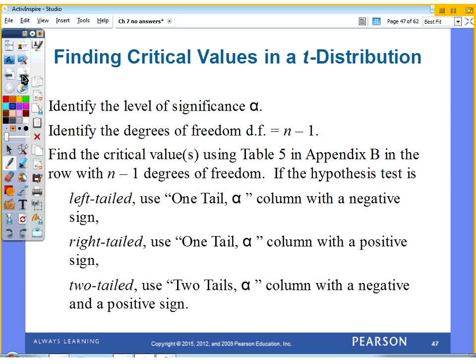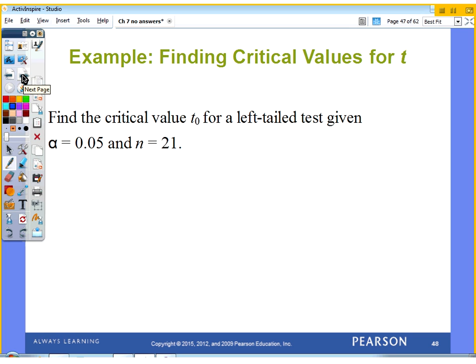And if you'll remember, you had 3 rows at the top of your t-table. We are now looking at the second and third row where it says one-tailed or two-tailed. So we're going to have to determine if it's left-tailed, right-tailed, or two-tailed, and that will tell us which row to look at. And then, of course, on the left-hand side, the degrees of freedom is still n minus 1.